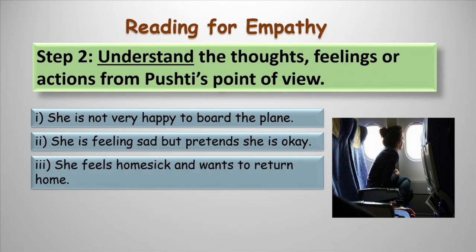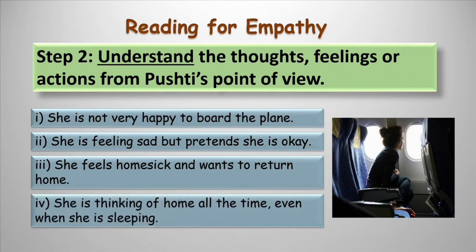She feels homesick and wants to return home. And also, she's thinking of home all the time, even when she is sleeping. Remember the second step. Understand the thoughts, feelings, or actions from Pushti's point of view.